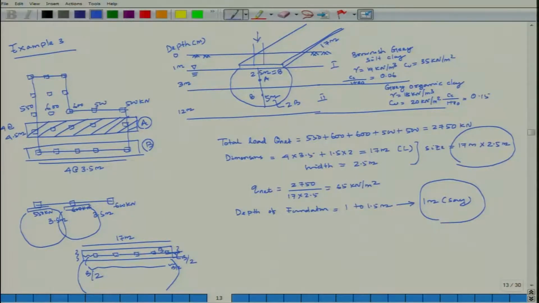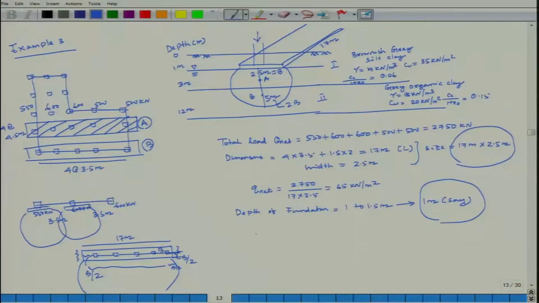Almost 50% of the soil is coming from one subsoil profile, another 50% is coming from another subsoil profile. So, in that case, it is better to consider the average value.